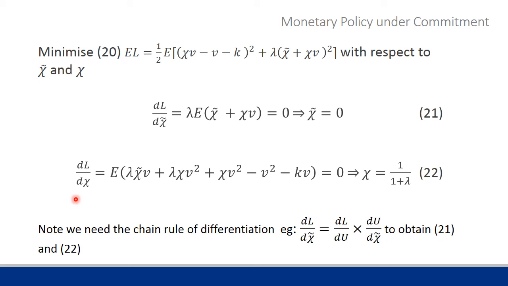Differentiating with respect to phi, dL/d phi is equal to the expectation of lambda phi tilde v, lambda phi v squared plus phi v squared minus v squared minus kv. Setting that equal to 0 implies that phi must be equal to 1 over 1 plus lambda. Those are our optimal values for phi tilde and phi.